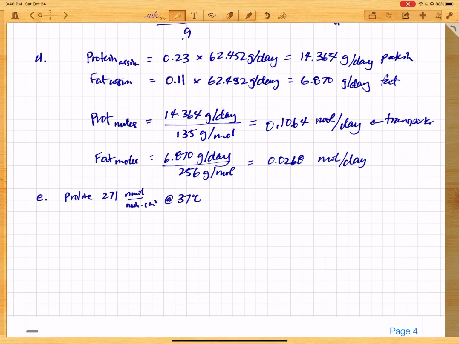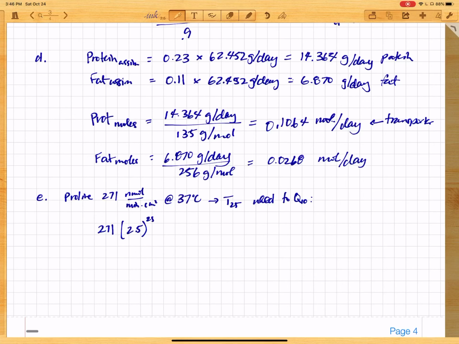But our snake is at a TB of 25, so we need to Q10 correct. So we take our rate of 271 and use a Q10 of 2.5 and correct.